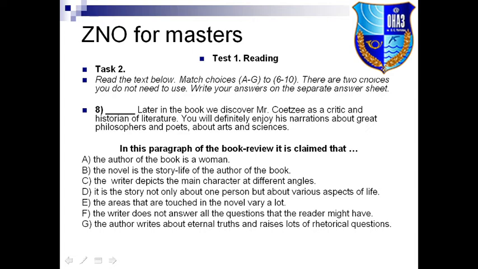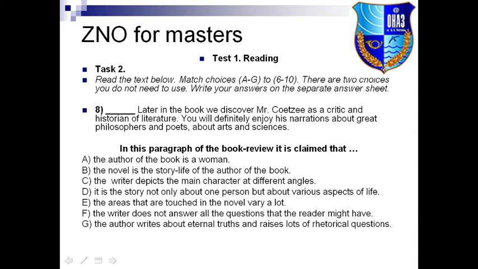And in option E, we see the areas that are touched in the novel vary a lot. Remember, I recommended that you learn the word vary. That is very different from the word D-E-R-Y. Here we have V-A-R-Y.